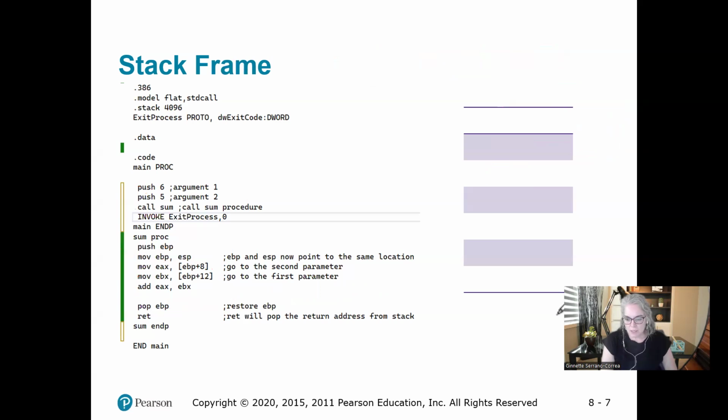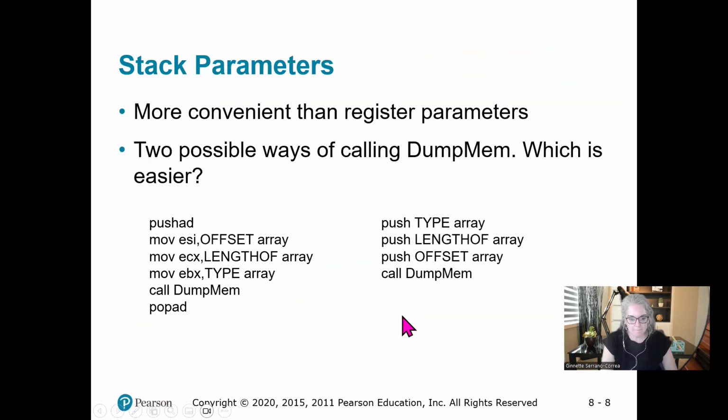So let's take a look at the next slide. Stack parameters. So let's talk about stack parameters. There are two ways that we can have parameters. We can have register parameters, like EAX, EBX, ECX, and we can have variables, right?